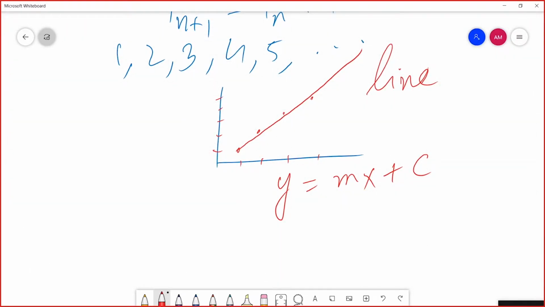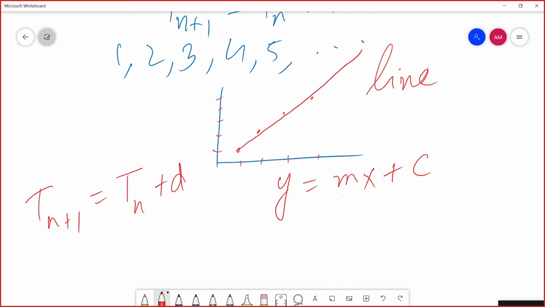And what we have now is Tn plus 1 equals Tn plus d. So what is d, if you compare it? It's the rate of change.